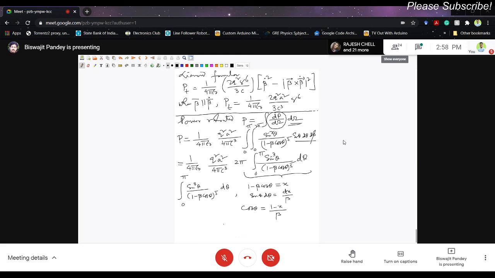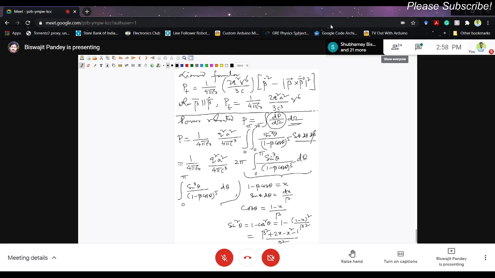So what is sine square theta? If you calculate sine square theta, that will be 1 minus cos square theta. So simply 1 minus x square divided by beta square. Just simply add them up: 1 minus, 1 minus x whole square by beta square. That will give you beta square plus 2x minus x square minus 1 divided by beta square.